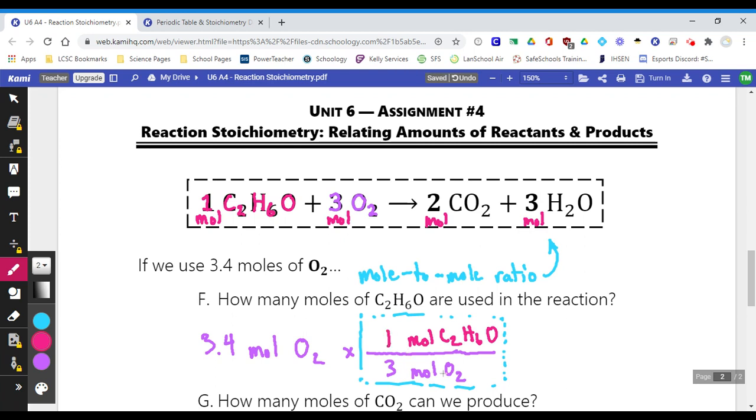How do I know that the O2 is going on the bottom? Because my old unit has to cancel out. To do that, to divide it off, it has to be on the bottom of this fraction bar. So I should be left with moles of C2H6O. All I have to do now is plug this into my calculator.